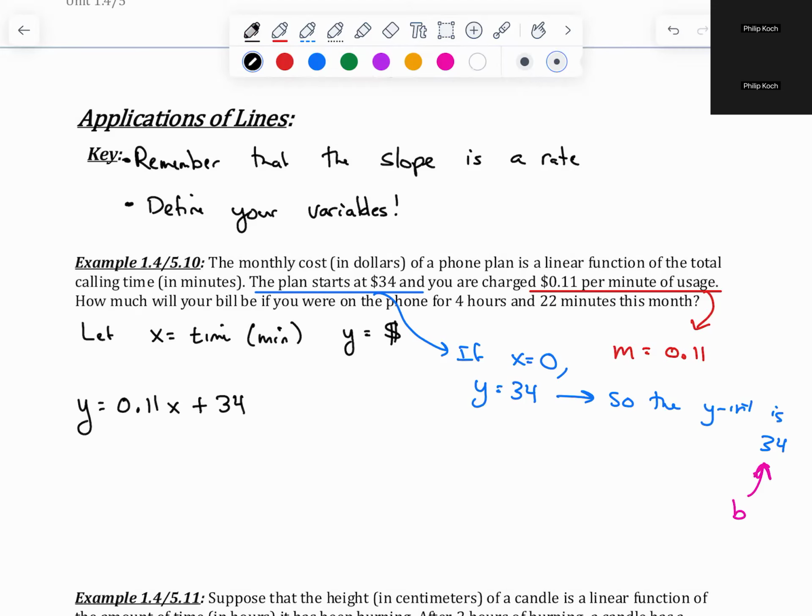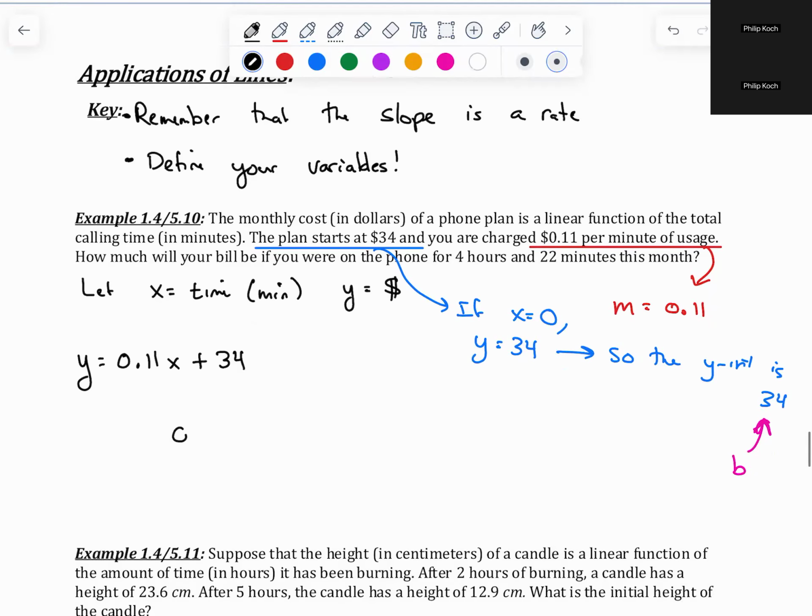And one thing you should do is make sure that everything works out. X is measured in minutes. You don't need to write this down, but we want to make sure that at the end of the day, y does give us money. So it's $0.11 per minute.